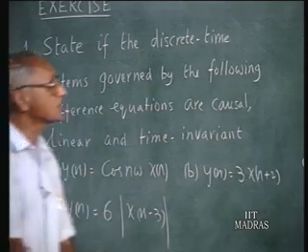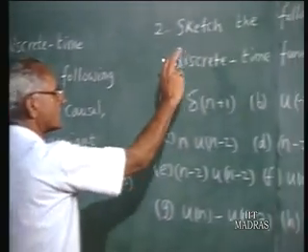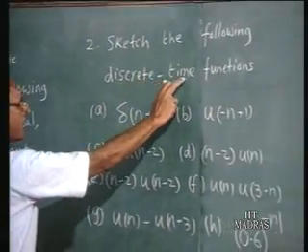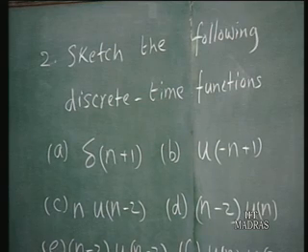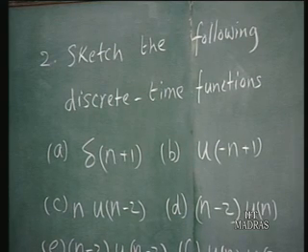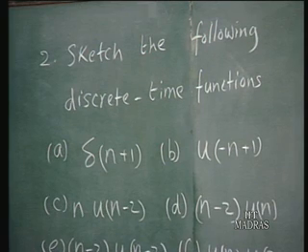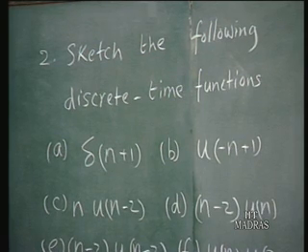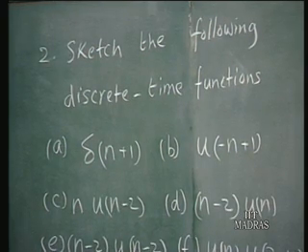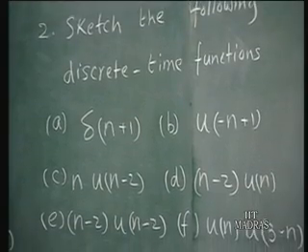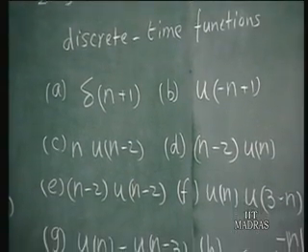The second question is, sketch the following discrete time functions. So, we give you a number of discrete time functions in symbolic fashion, you try to sketch the sequence of samples showing the waveform of the signals.